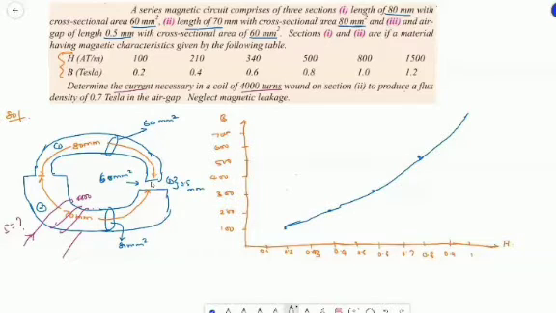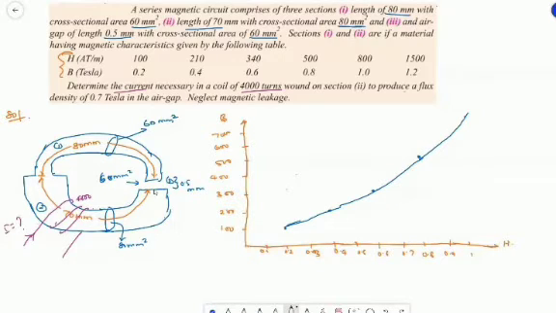And we know that this air gap and this region 1 has the same area of cross section, and moreover this coil is wound on region 2, and the number of turns is given to be 4000. So this much information we have. Let us try to proceed further and try to determine the current I. Okay, so let us go step by step.